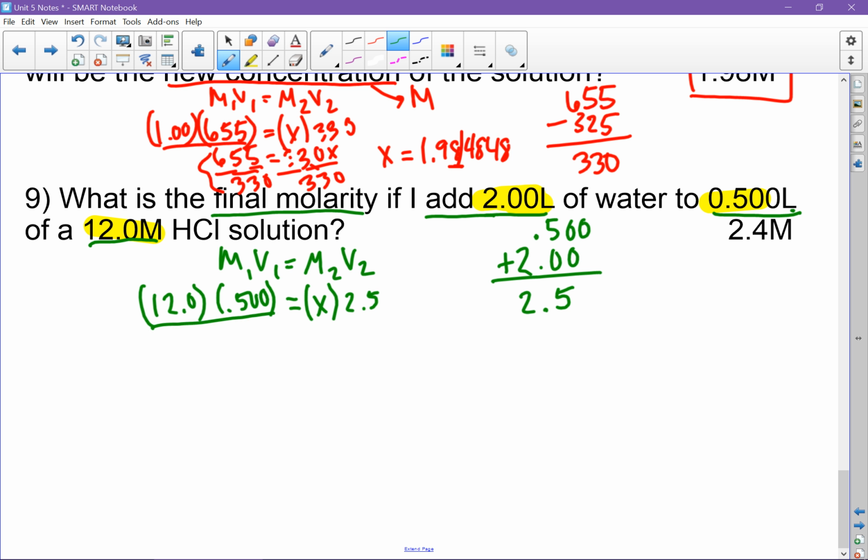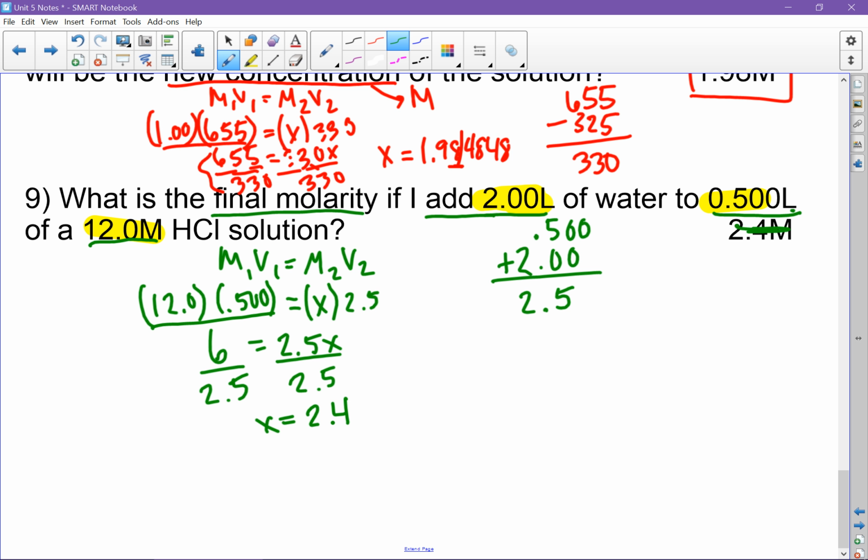Multiply these two numbers together, and you should get 6 equals 2.5x. Divide by the thing touching the x. And your calculator should just say 2.4.